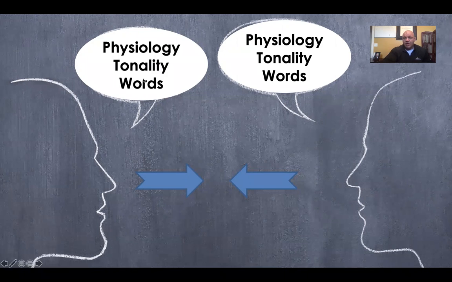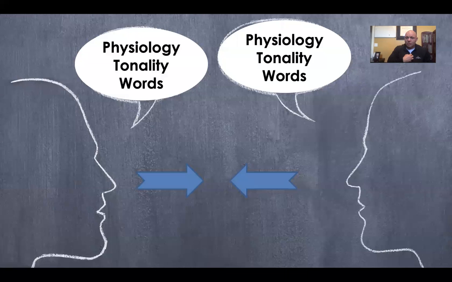This is why we also want to have information on the phone to educate and enroll, because now we've included tonality and words. And this is why we want to leverage the TV in the reception area, because now we're using physiology, tonality, and words. Each of these have a certain level of impact on affecting the emotional state.